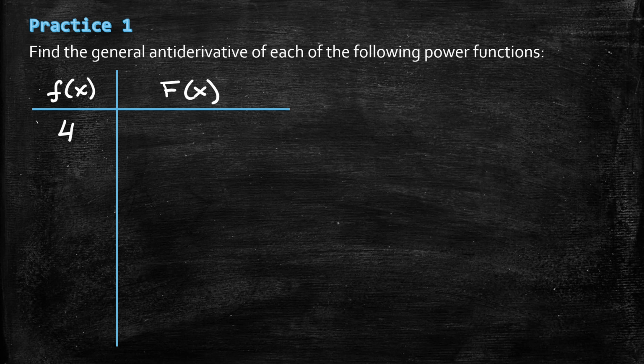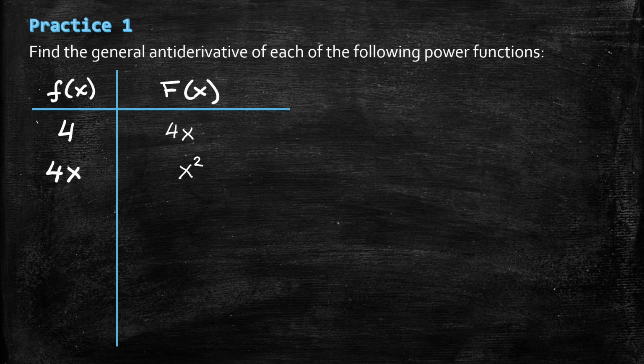Let's start with a simple problem. The antiderivative of 4, we know from a practice problem before, must be 4x, because the derivative of 4x is indeed 4. Okay, so what about the antiderivative of 4x? Well, we know that it must have come from an x squared.